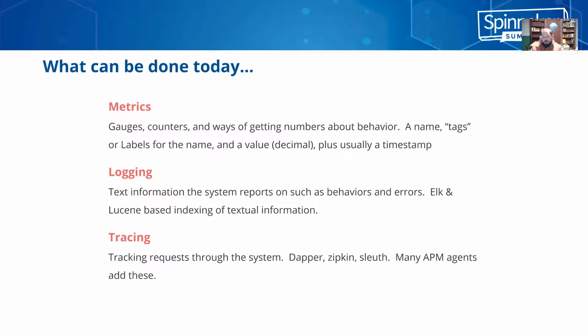You have logging. Everybody deals with logging all day long. Hey, I did such and such. Well, logging's great. It's very useful. You can get a whole lot of information around stack traces and errors, but it's extremely verbose, and it's very hard to graph text data without translating it into something that you can run analytics on.